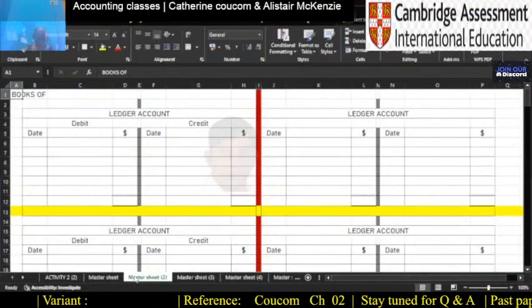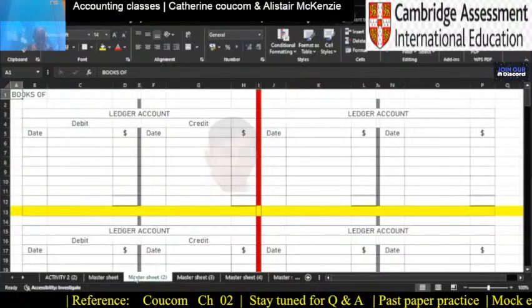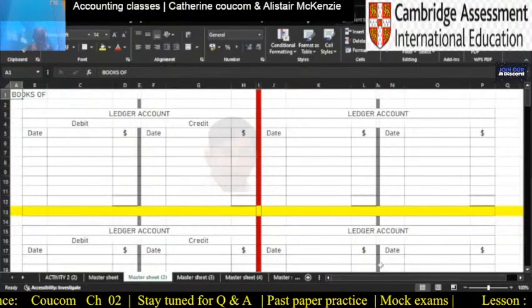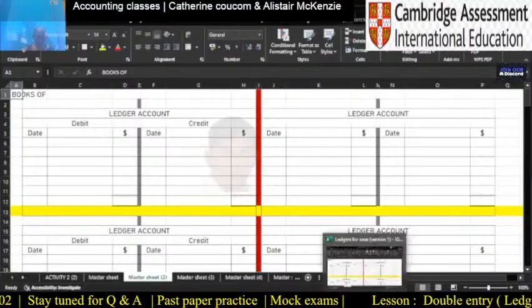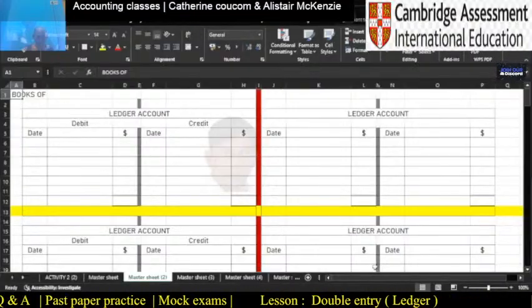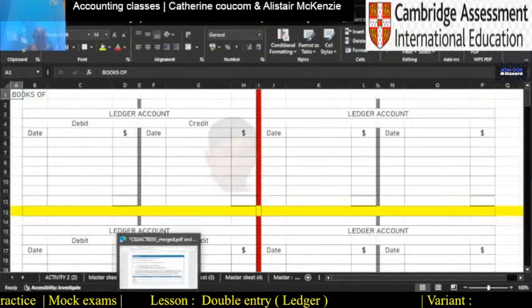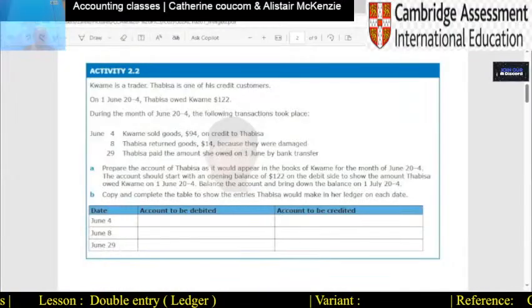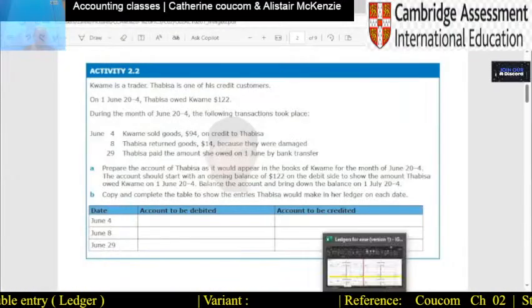Okay, so we have to prepare the account of Tabisha in the books of Kwame. Activity 2.2.